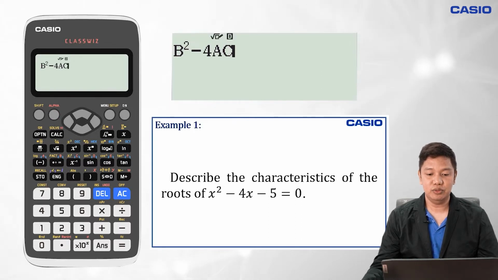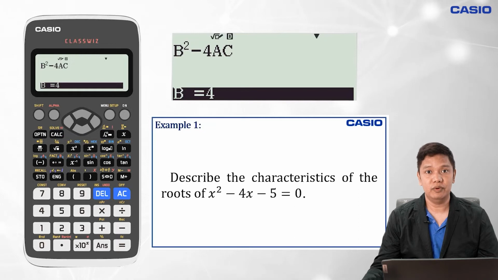And then we need to determine the numerical coefficients for the given equation. In this case, we need to determine a, b, and c. We have here a equal to 1, b equal to -4, and c equal to -5. We need to press calculate to solve for the value of the discriminant, and then the Casio Classwiz asks us for the value of b.